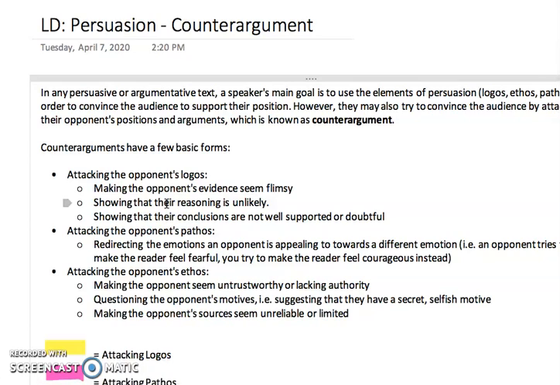And then likewise, you're going to have an assignment with your partners where you look at their body paragraphs and try to suggest counterarguments, ways that they might have to address an opponent of their particular position. That's going to help them strengthen their own arguments and include the counterargument component in their major essays. So, good luck with using this, and if you have any questions, make sure you reach out to me.